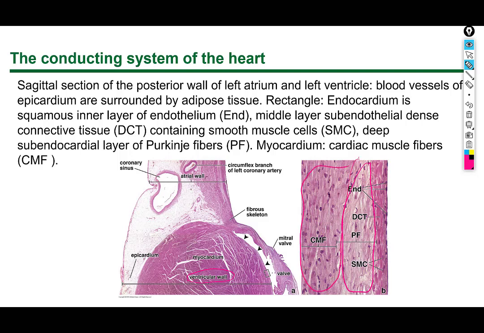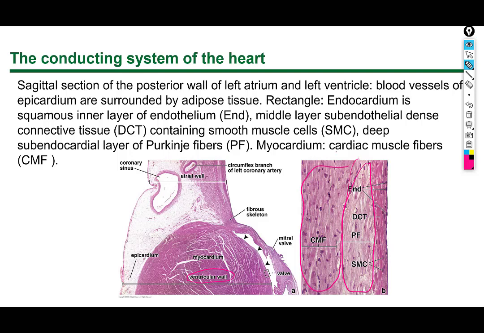You noticed it stains lighter, you noticed that there weren't as many intercalated discs, and it was less nucleated. So properties of these cells, even though they're technically cardiomyocytes, make them different from the regular cardiomyocytes that are here.